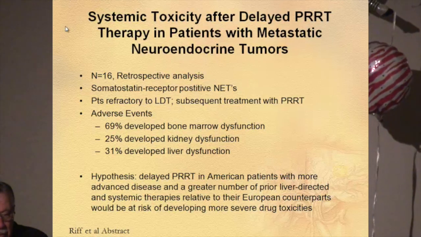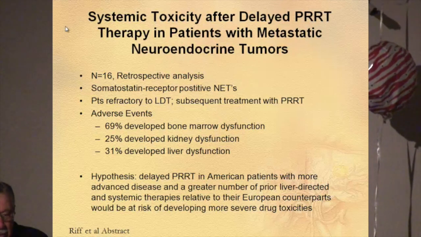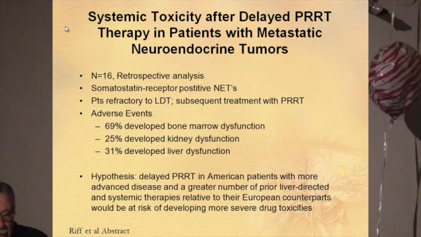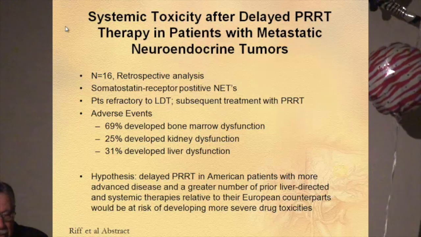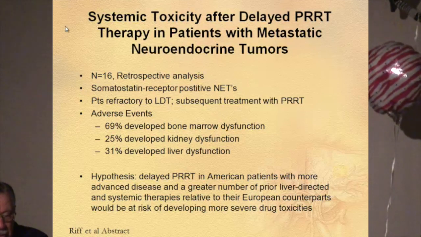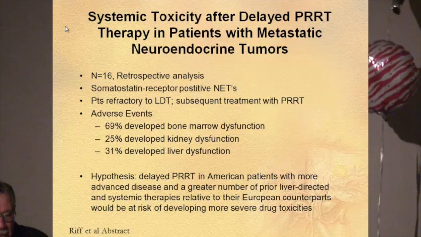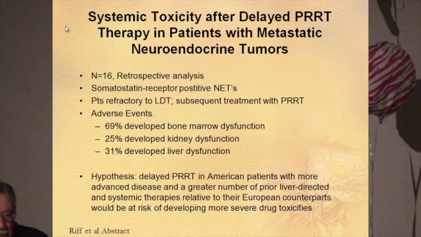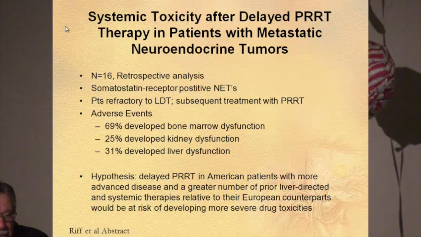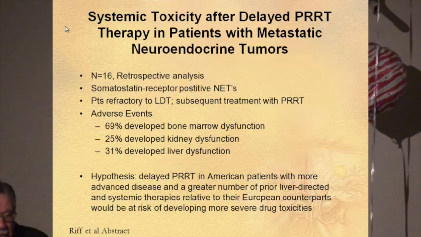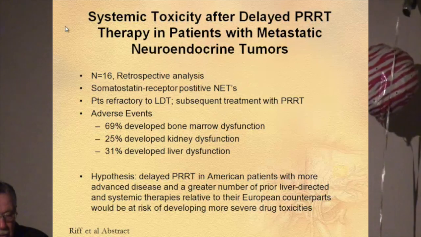And these patients were treated with liver-directed therapy in the United States. And once they had failed all liver-directed therapy, then they went on to PRRT, whereas it was opposite in the other study. 70% developed bone marrow dysfunction, 25% developed kidney dysfunction, and what does that say?